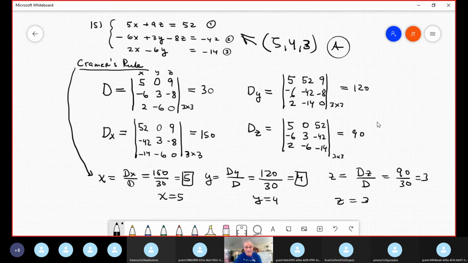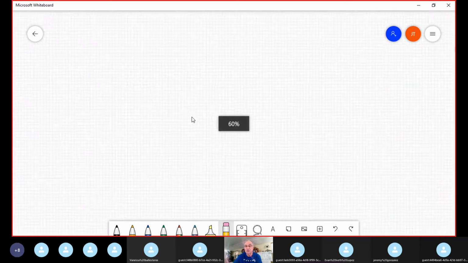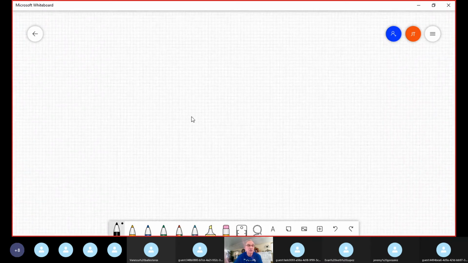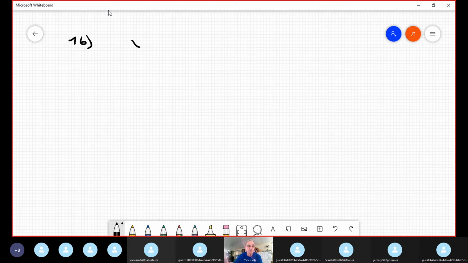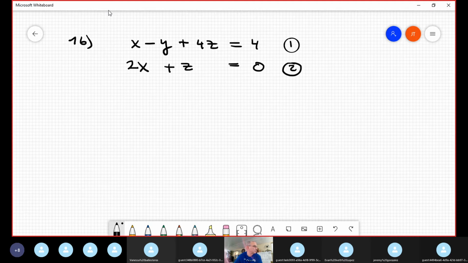Question 16 is exactly the same, but surprise. Do you see something new in this question? 16, the system is x minus y, plus 4z equal 4, equation 1. 2x plus z, that y is missing, equal 0, equation 2.